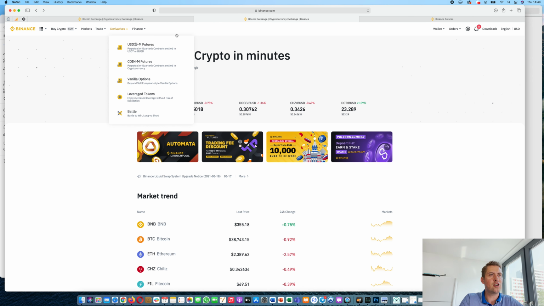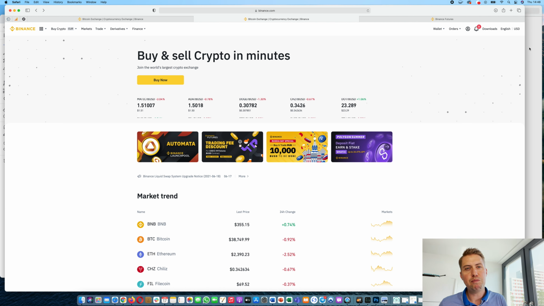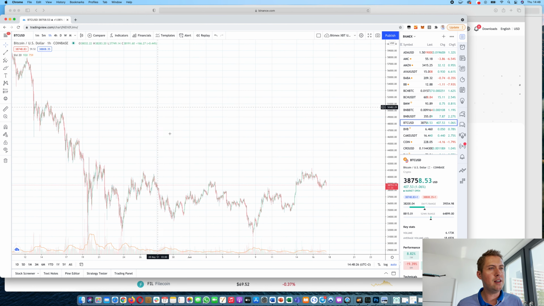So let's talk about grid bot trading strategies. A grid bot strategy is basically the idea that you're trading a range. Let's look at the Bitcoin price chart here, with hourly candles.